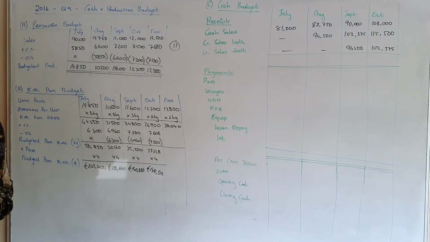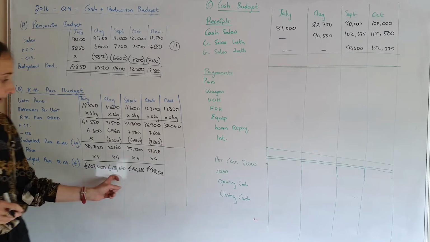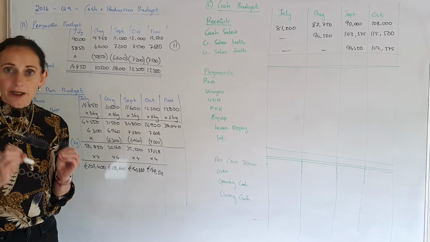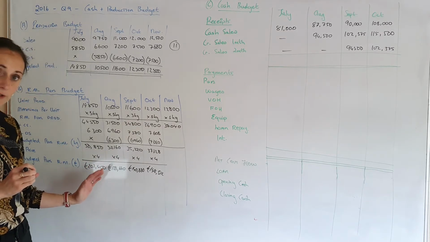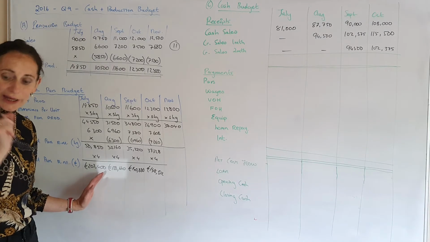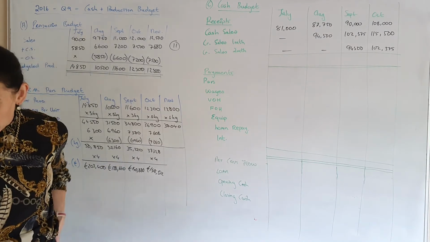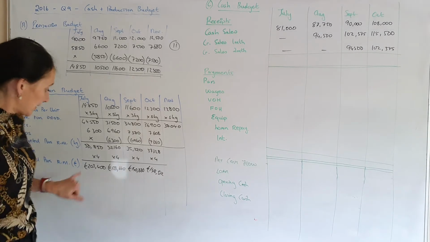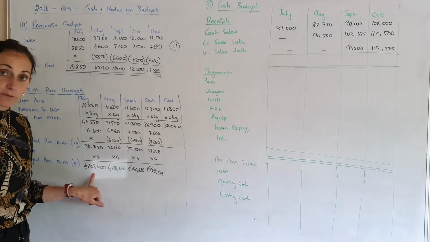Your purchases, again, your purchases are here. This is what you want to purchase in your raw materials. Be very, very careful. Read the question carefully. This is what you want to purchase in July. I want you to watch when you pay for that. So if you look at part 5, 1 month's credit is received from suppliers. So if this is what you buy in July, you receive 1 month's credit.